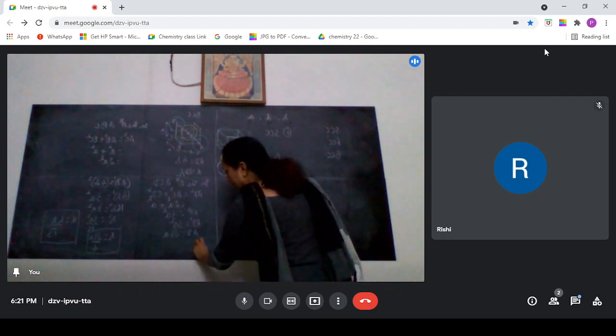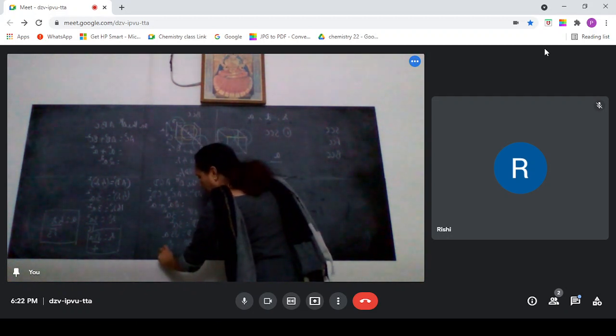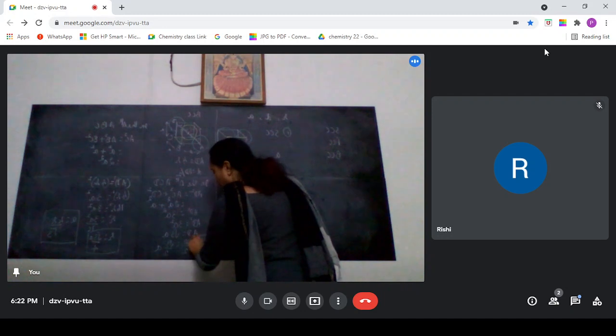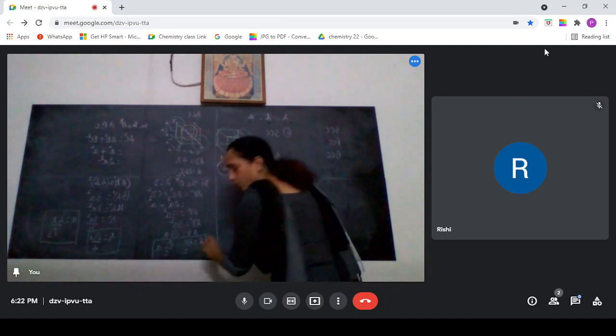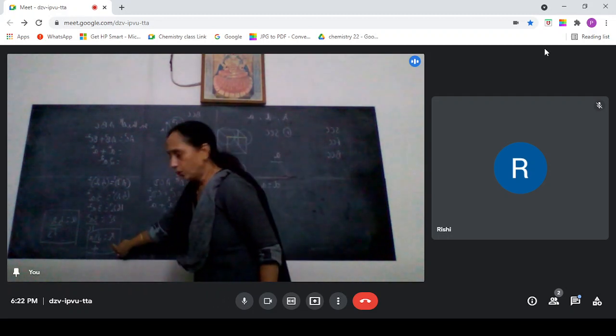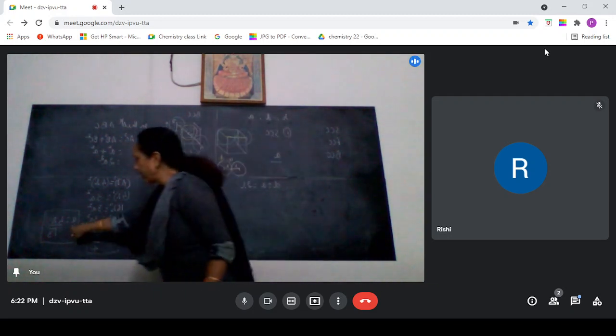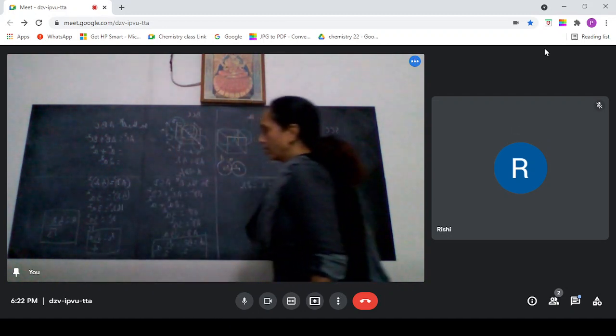So, D is equal to AD by 2, which will be root 3 by 2 A. So, D is equal to root 3A by 2. R is equal to root 3A by 4, and A equal to 4R by root 3.